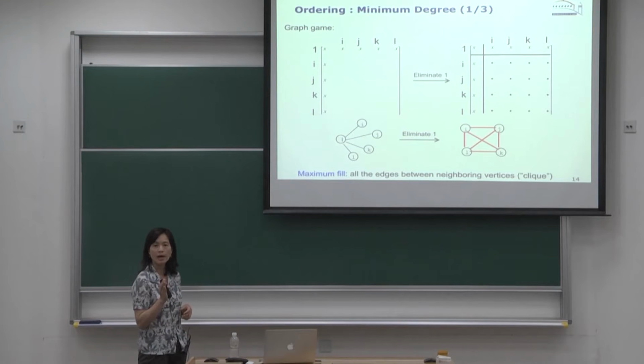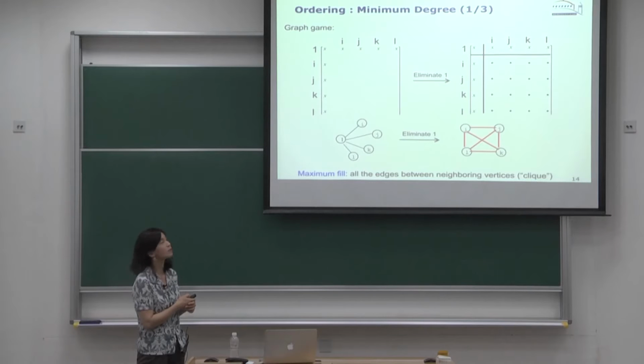Another thing I want to mention is that this is a local, greedy approach, and it's also not exact. That's why it's called a heuristic. Why is it not exact? Because right now, pessimistically, I say I will generate these 1, 2, 3, 4, 2, 3, 4, 5, so many edges, all red. But to begin with, maybe some of these entries are already non-zero.